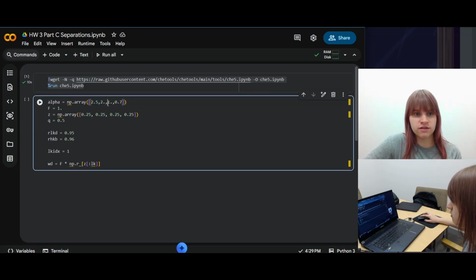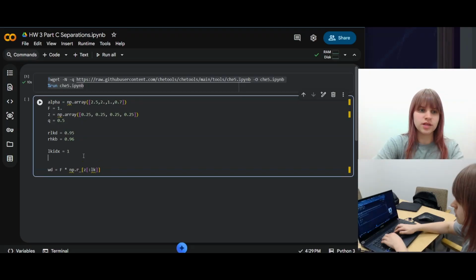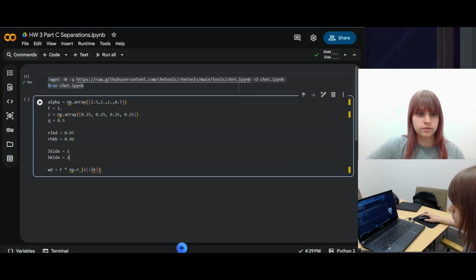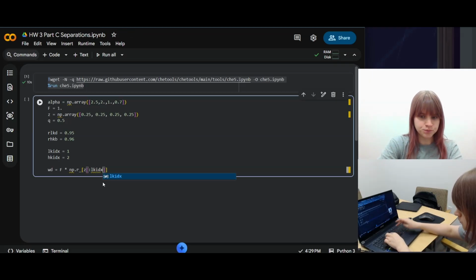And obviously this is going to be our heavy key. It has a relative volatility of 1 because it's compared to the heavy key. And if this is the heavy key, the ratio of it to itself is 1. So that makes sense. So the heavy key ID should be 2. And I realized I forgot that because it is absolutely needed for this part right here.